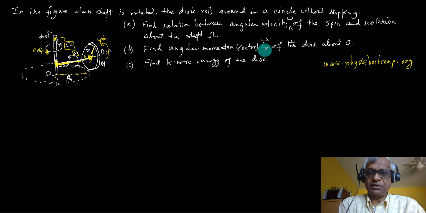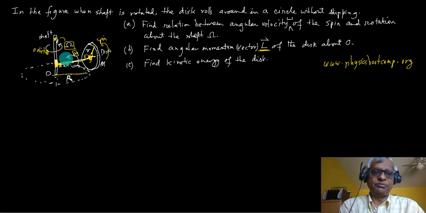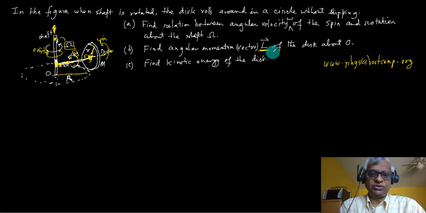You have to think of L as a vector, and it's going to have contributions from this motion and this motion. This motion has a vector that way, and this motion has a vector that way. So you have to add these two vectors to get the total angular momentum, direction as well as magnitude.